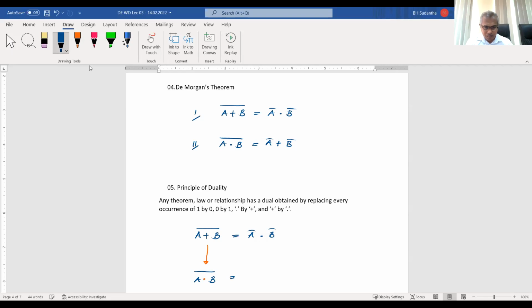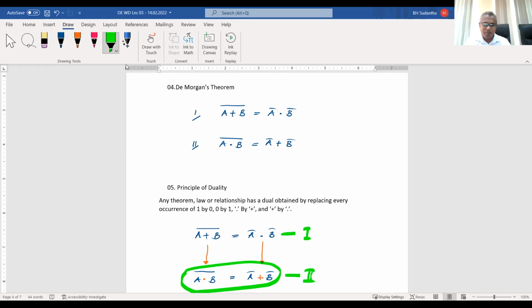Then on the other side, A bar, B bar, and we have to convert this dot to plus. Then what is this? This is the first part of De Morgan's theorem. And when you apply the principle of duality to this first part of De Morgan's theorem, what do we receive? The second part of De Morgan's theorem.